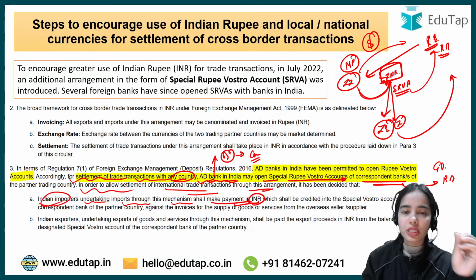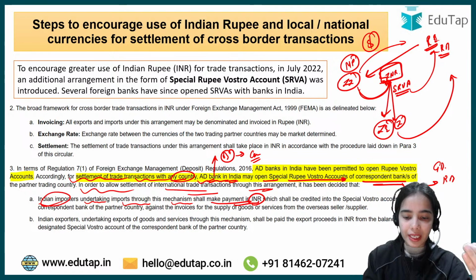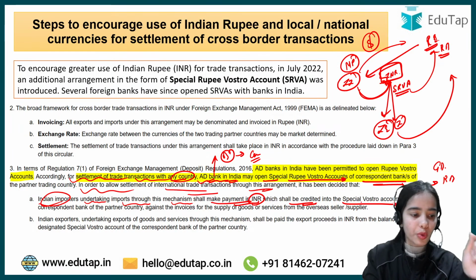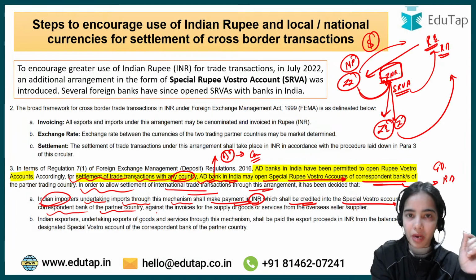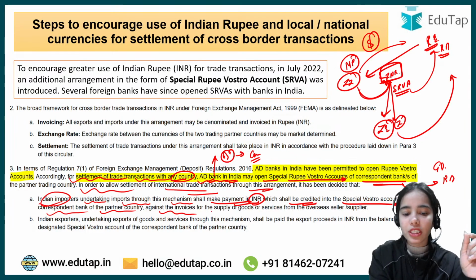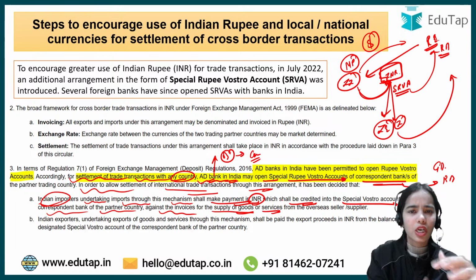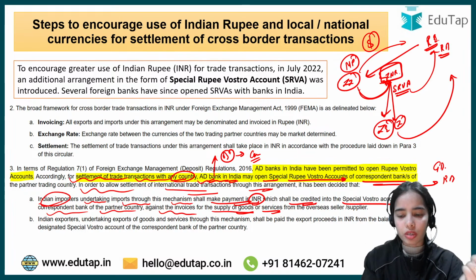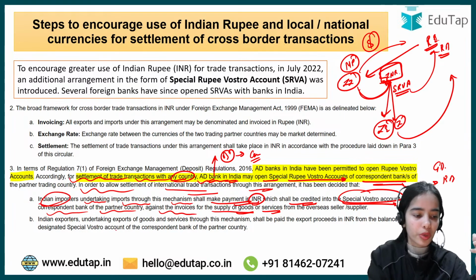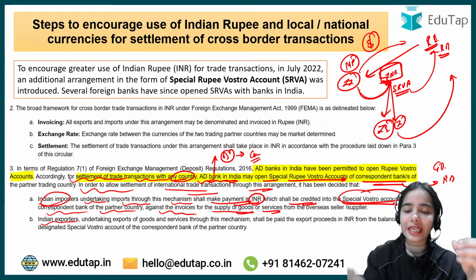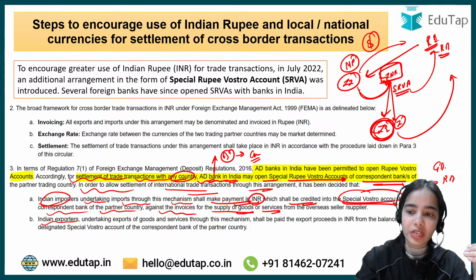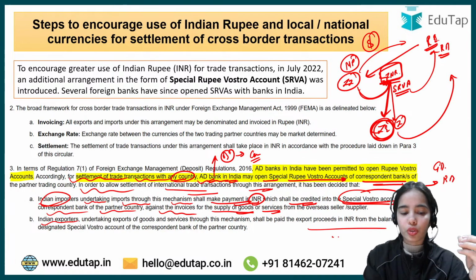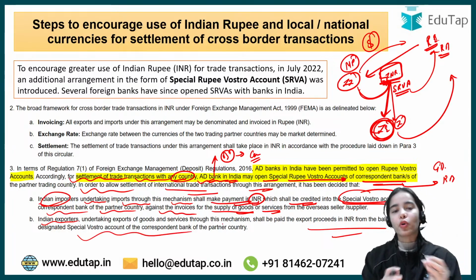The INR shall be credited to the special Vostro account of the correspondent bank of the partner country against the invoices for the supply of goods and services. Now Indian exporters will get the proceeds in INR from this Vostro account of the correspondent bank.